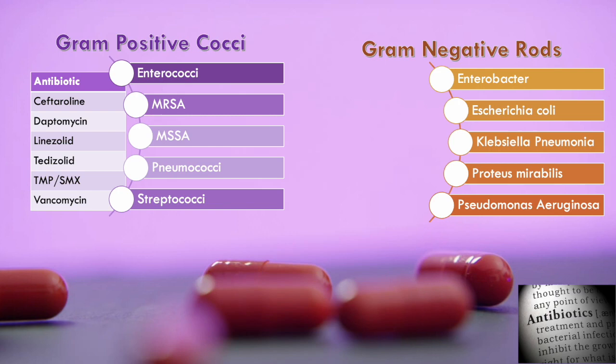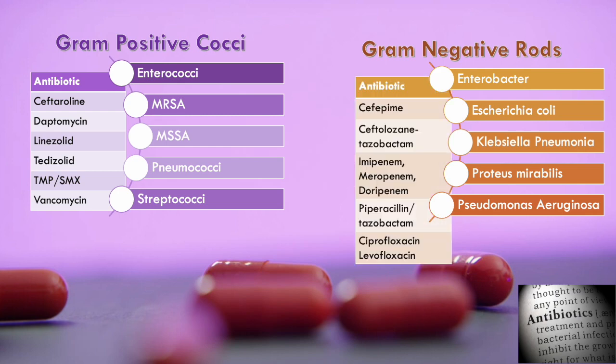For the gram-negative rods, Enterobacter, E. coli, Klebsiella, Proteus mirabilis, and Pseudomonas, the antibiotics cefepime, ceftolozane-tazobactam, imipenem, meropenem, doripenem, Zosyn, and quinolones all cover these.